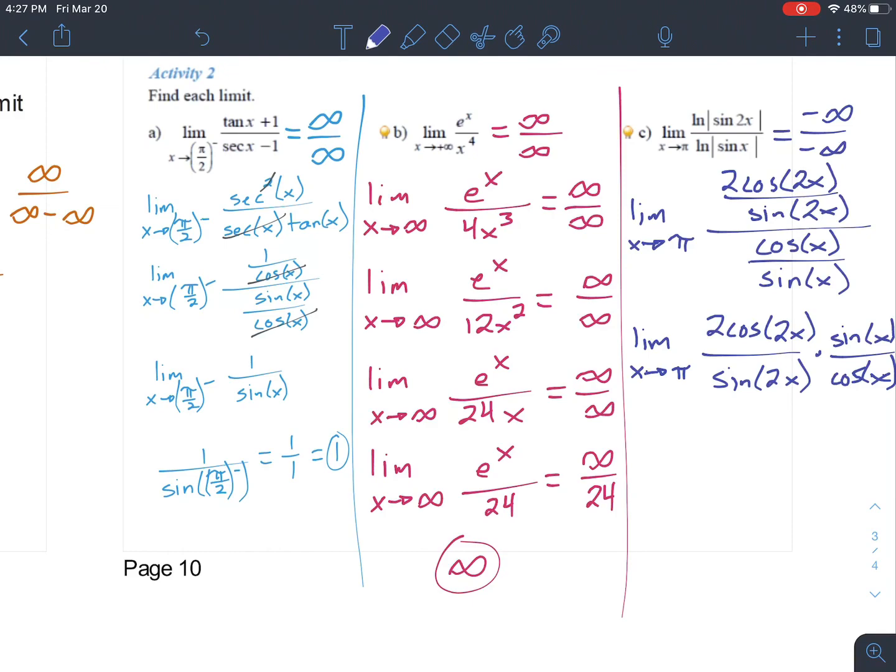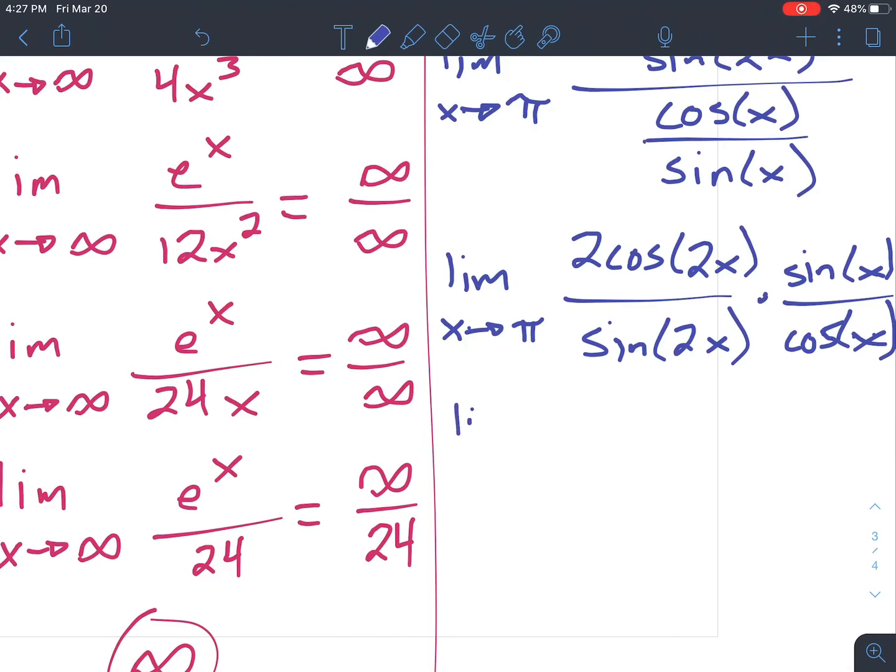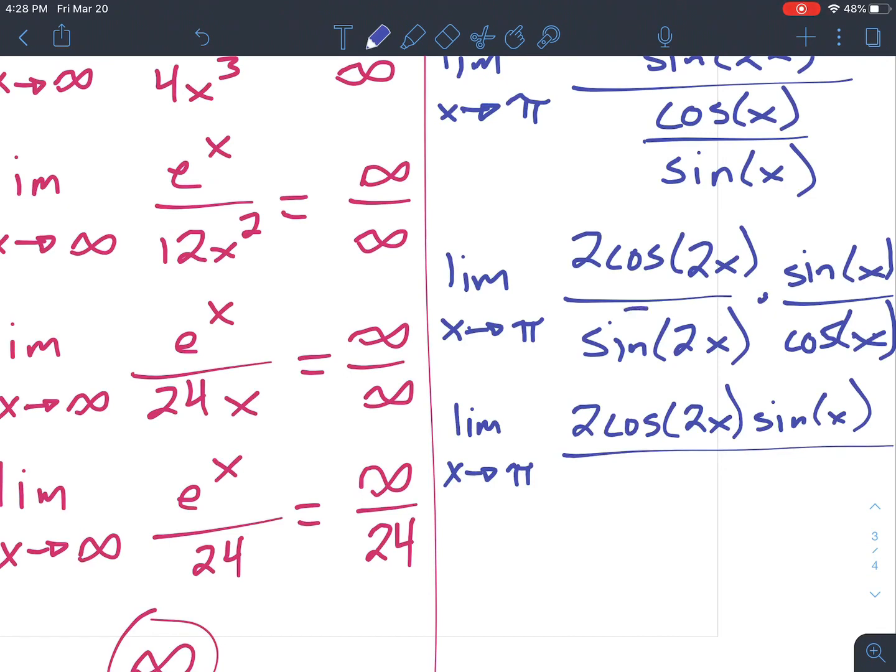So I'm just going to zoom in a little bit because it's going to get a little tight. Up on the top, I am not going to change anything. 2 cosine of 2x times sine of x. Down on the bottom, though, sine of 2x can change into 2 sine x cosine x. And then this cosine comes at the end.